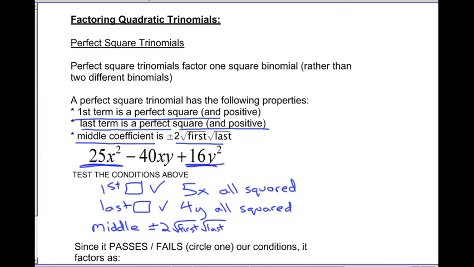Now, I like to do these just with the coefficients because it saves time. But if you like, you can do it with the x's and y's as well. So let's check it out. Let's see what we'd get if we had 2 times the square root of the first, so square root of 25, times the square root of the last, which would be square root of 16. We would get 2 times 5 times 4, which is 10 times 4, or 40.